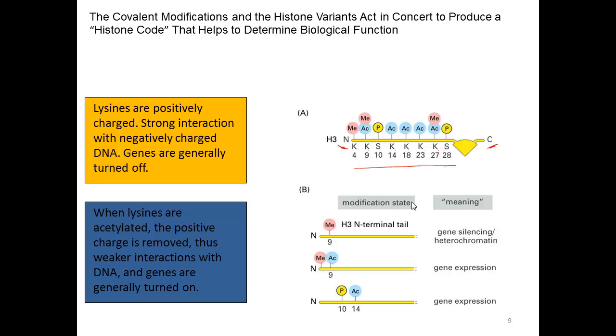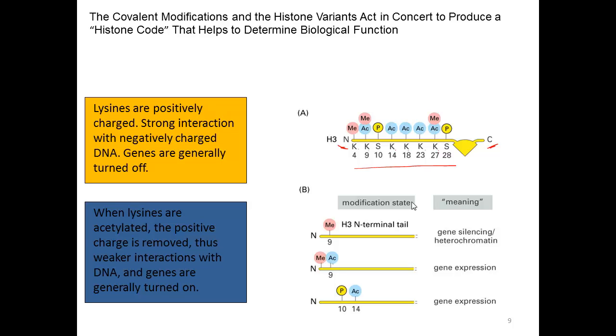When you have many unmodified lysines, you have all these positive charges interacting with the negatively charged DNA. And as we've said many times already, opposite charges attract, so it's a strong interaction. This makes it difficult for the polymerase and other transcription factors to access the DNA.